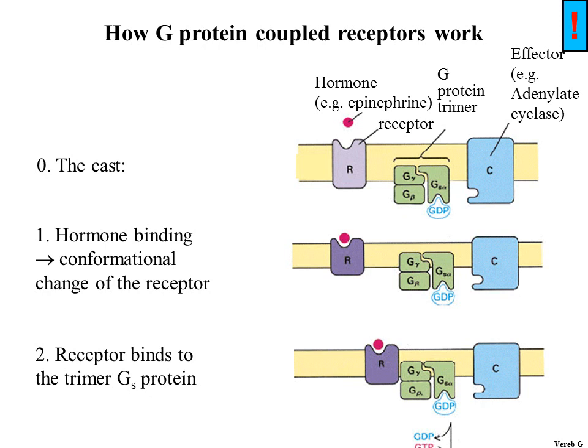In the liver, epinephrine binds to its receptor. It's called the beta adrenergic receptor. As you realize, I interchangeably say either epinephrine or adrenaline. One is the Greek and the other is the Latin name for the same hormone and the same gland.